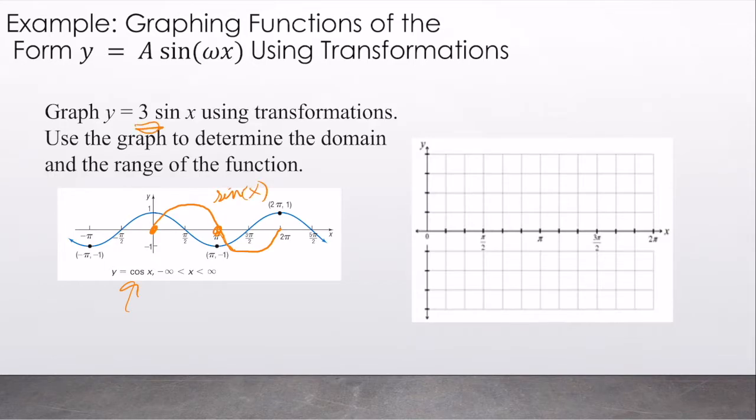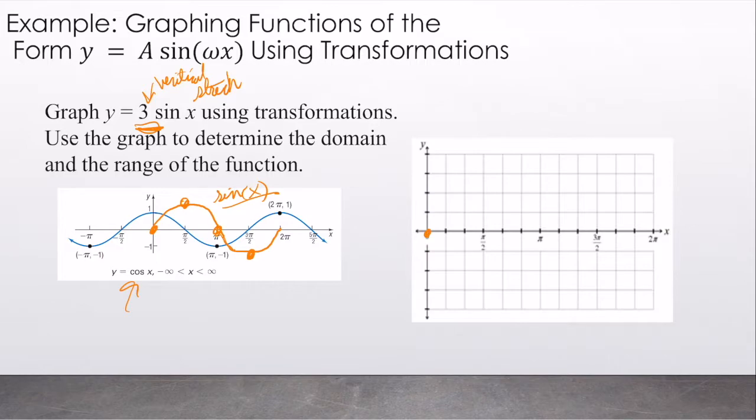So what I'm doing here is I'm graphing y equals 3 sine of x. This is an example of a vertical stretch. So what I'm doing is I'm taking every output of sine of x and multiplying it by 3.